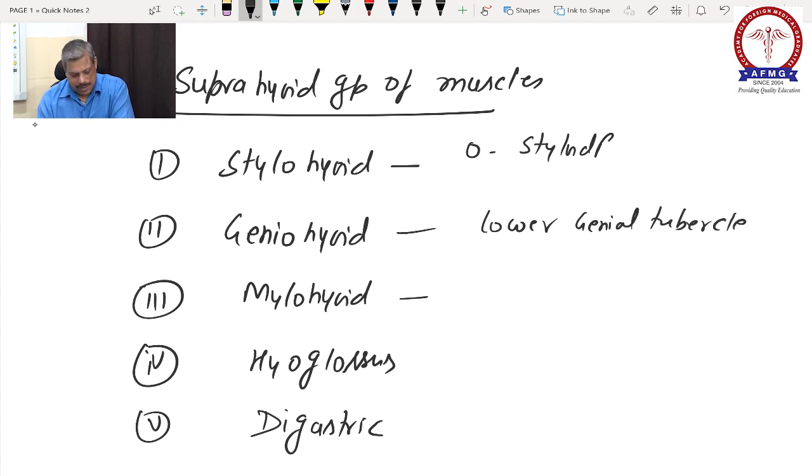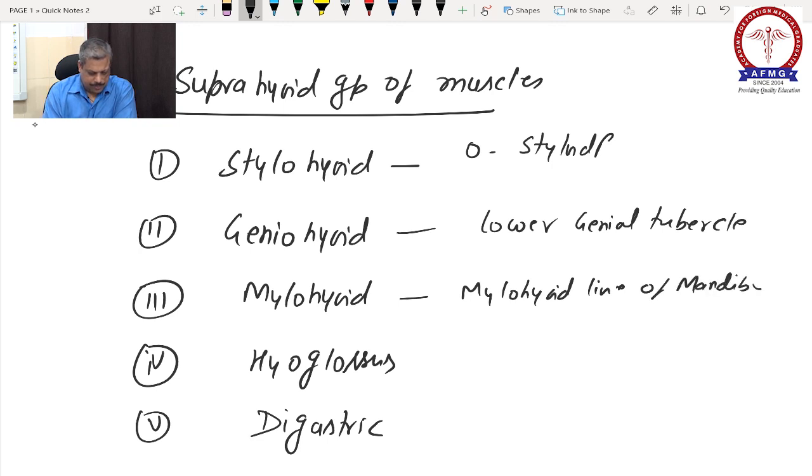Mylohyoid takes origin from the mylohyoid line of the mandible. Then hyoglossus takes origin from the body of the hyoid. Digastric muscle has 2 bellies, we will talk about it.